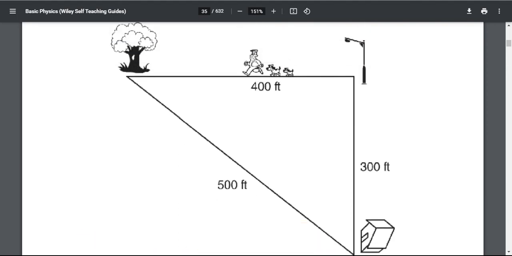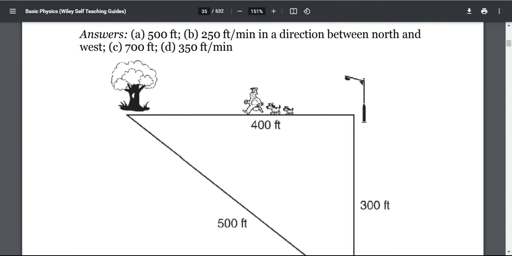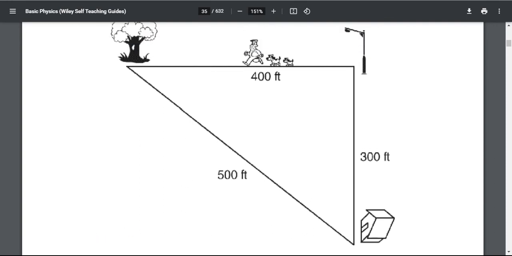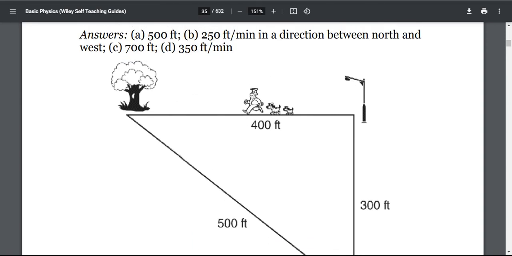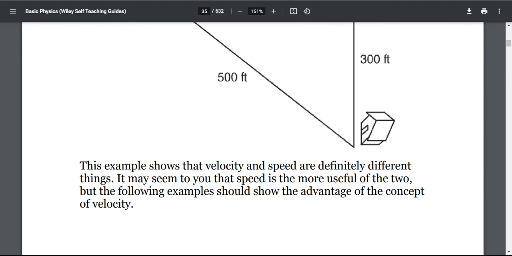After that he turns west and jogs for another 400 feet and gets to the oak tree.